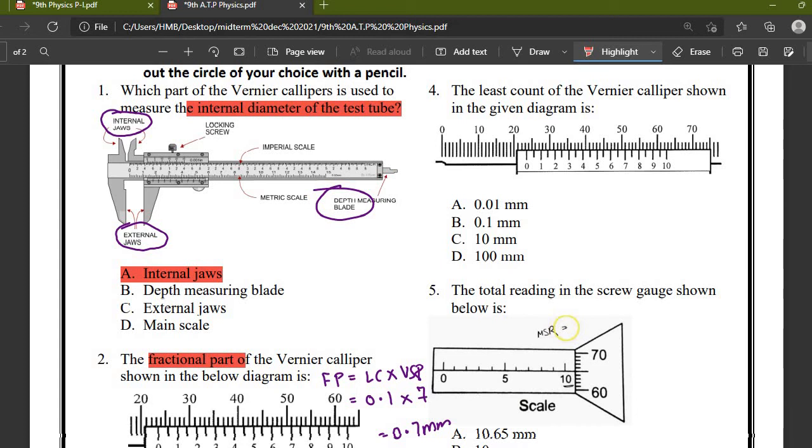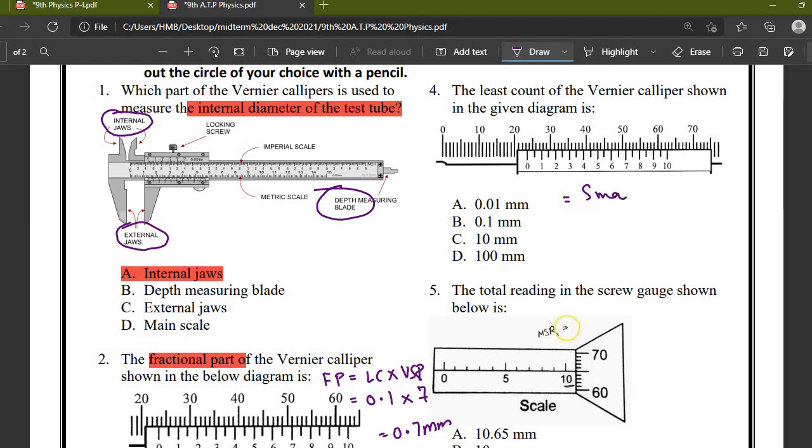Then we have question number 4. The least count of the vernier caliper as shown. As we can see, the least count in this vernier caliper is 0.1 millimeter, because least count is equal to the smallest division on the main scale divided by the total divisions on the vernier scale.